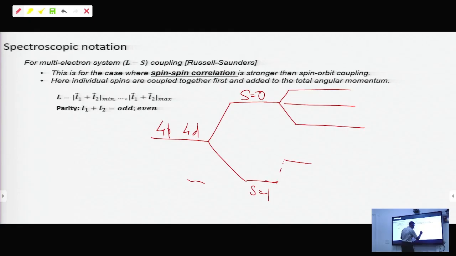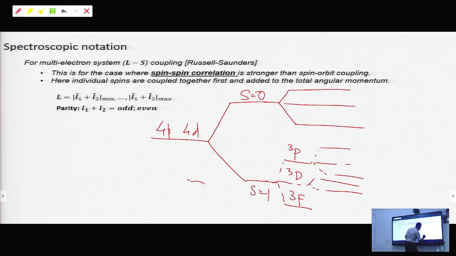This is for D, and this is for F. It goes like this, right? Because each one has the J values, so you need to add them up. You can try it out. We need to go to the selection rules, so I'm going to skip this. You try this out. And there's the diagram.